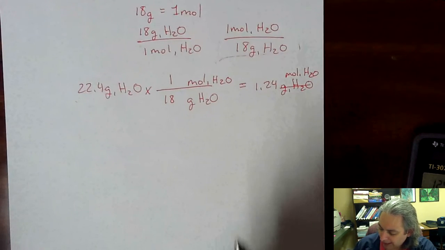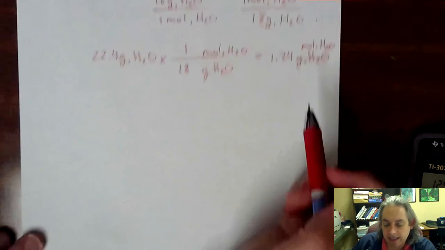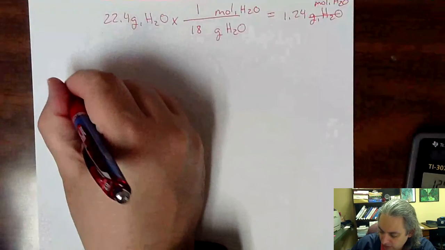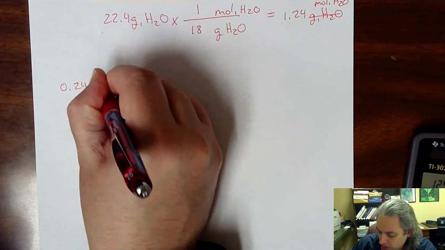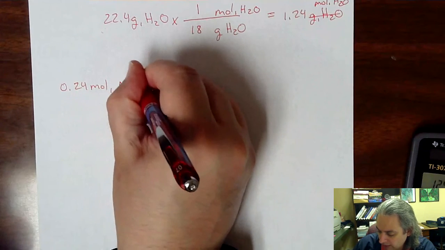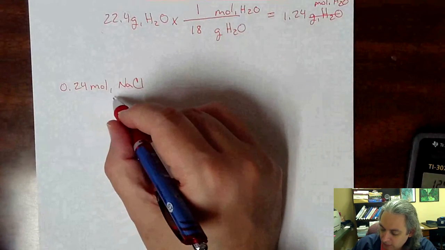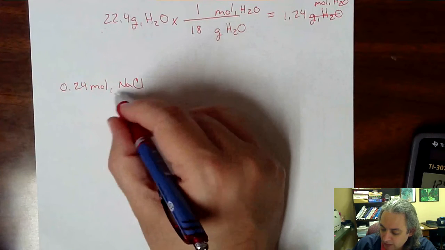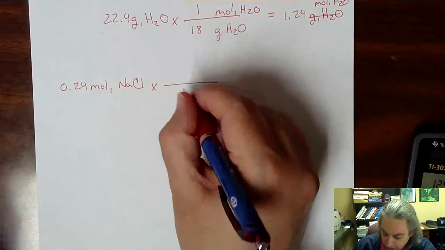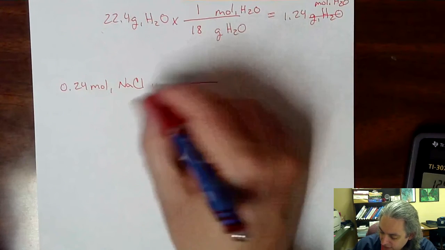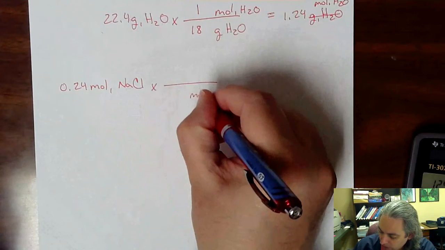Now, what about if we were given moles, how many grams? So let's say we have 0.24 moles of sodium chloride. To figure out the number of grams of sodium chloride, we need the molar mass of sodium chloride, which was 58.5. And so we have moles here, so we need moles on the bottom.